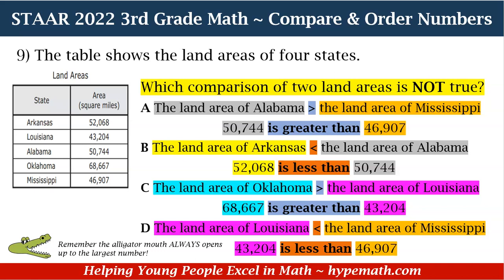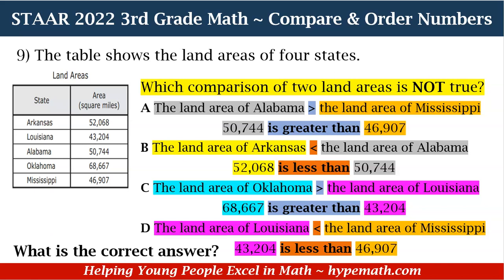Now C. The land area of Oklahoma is greater than the land area of Louisiana. So is 68,667 greater than 43,204? And then D, the land area of Louisiana is less than the land area of Mississippi. Is 43,204 less than 46,907? And remember, the alligator mouth always opens up to the largest or the biggest number.